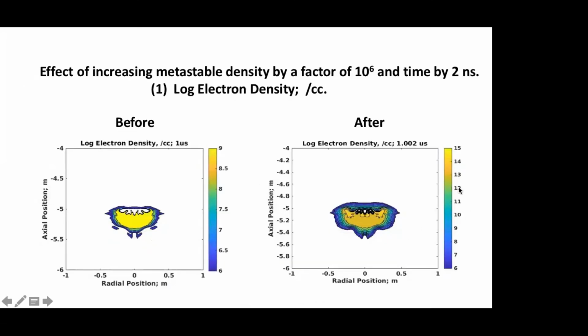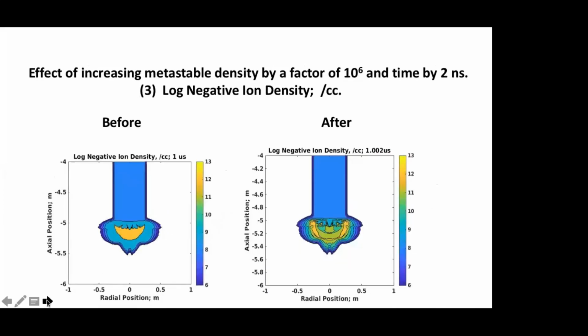Electron densities are of the order of 10^13. And in most gas discharges, the electron densities are of the order of 10^11. So this is really conducting.